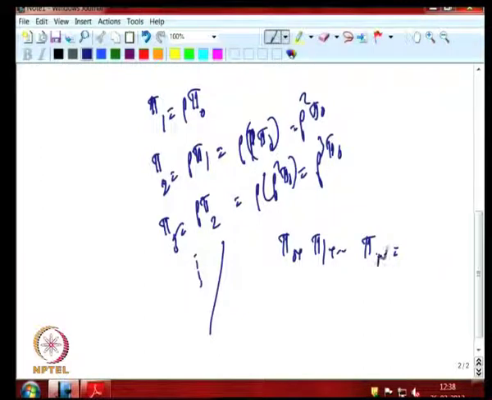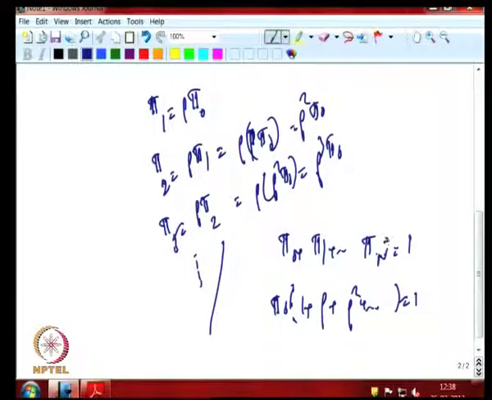So pi 0 is common, 1 plus rho plus rho square, etc., equal to 1, okay.